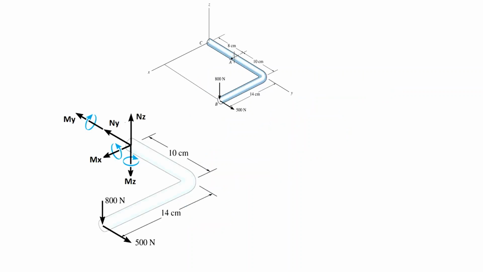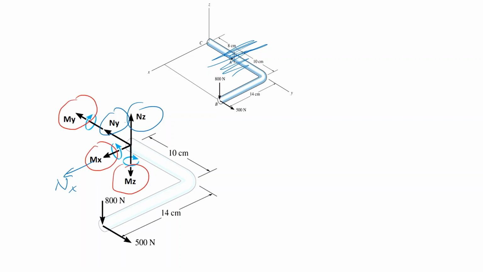First, I cut in this section and I write down all possible forces and moments. So the forces are Ny, Nz. I can add also Nx. Okay, these are the forces, and the moments are My, Mx, and Mz.